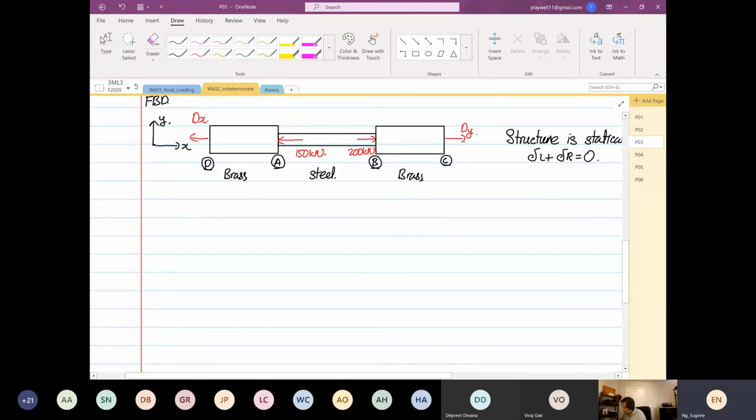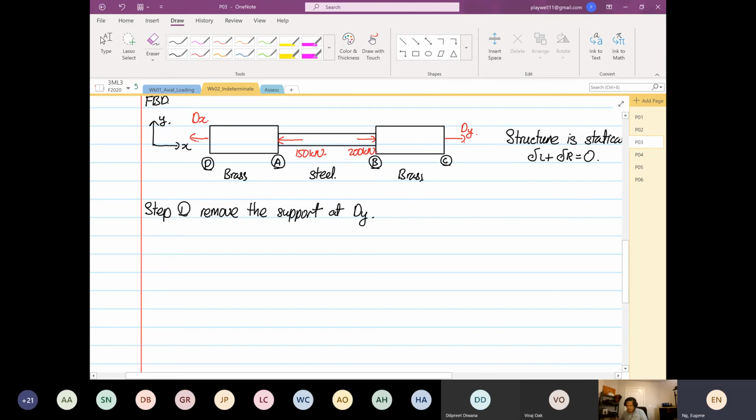So from here we are going to divide it, step 1 again. Just step 1. We're going to remove the support, the support at Dy.